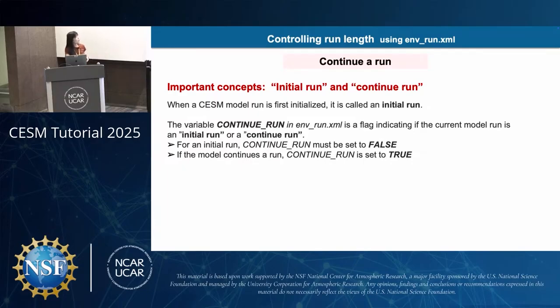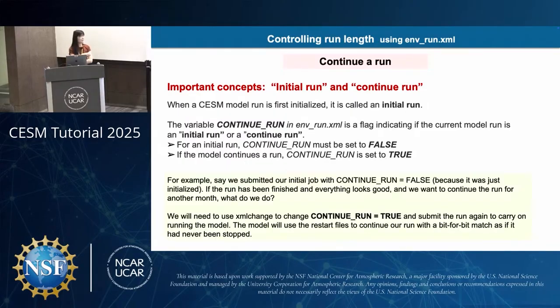And we tell the model if the current job submission is an initial run or a continue run with a variable flag called, literally, continue run. If at the time of submission your continue run variable is set to false, this tells the model that this current job submission is the initial run. And if it's set to true, then the model knows this is a continue run: I want to continue from whatever was left off.